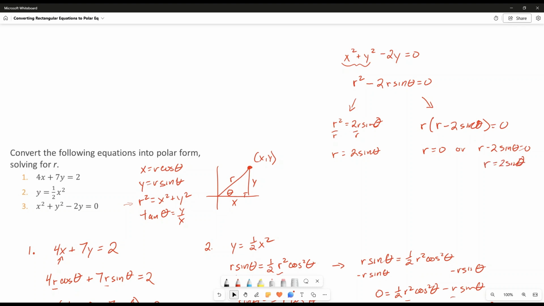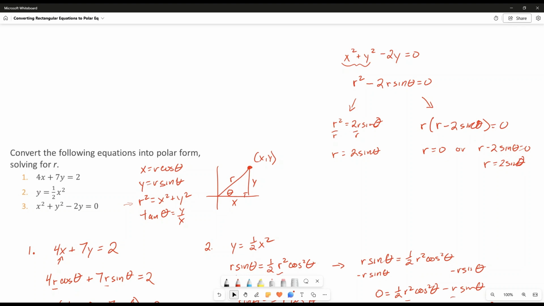So just like we saw in the previous example, I end up getting two possible solutions, r equals 2 sine theta or r equals 0. But the r equals 0 will already be included in the 2 sine theta equation whenever theta is 0 or pi or 2 pi and so forth. So this r equals 0 is just a redundant solution, and we can go ahead and ignore it.